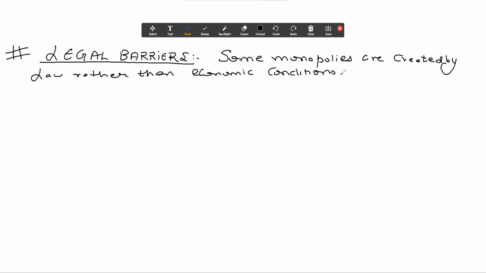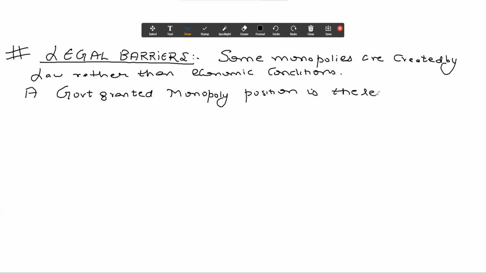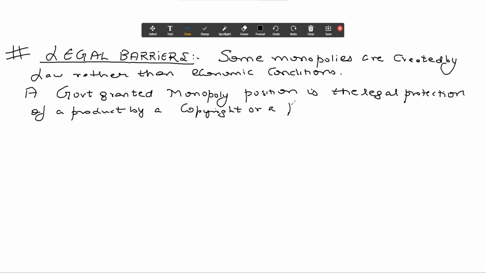So what happens? A government created monopoly, a government granted monopoly position, is the legal protection of a product by a copyright or a patent.